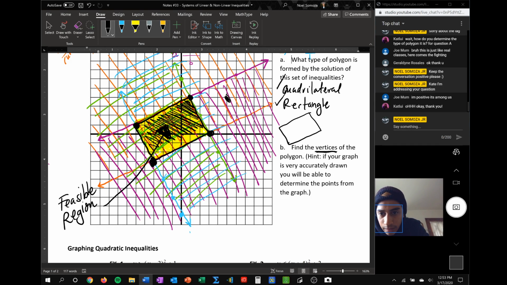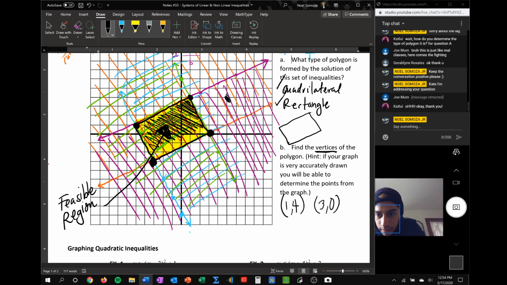I can see here it would be 1, comma 1, 2, 3, 4. So 1, comma 4 is a vertex of the rectangle. The next point looks like it's 3, comma 0. That's this one right here.